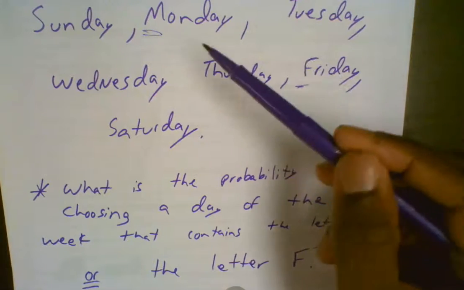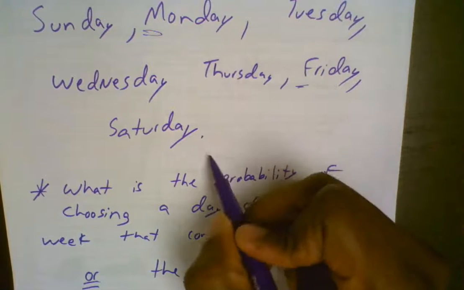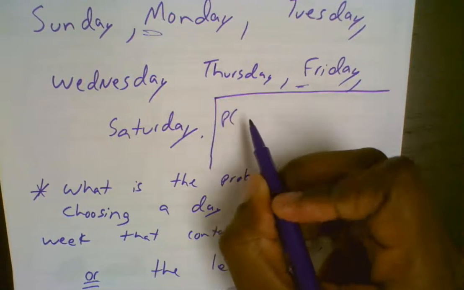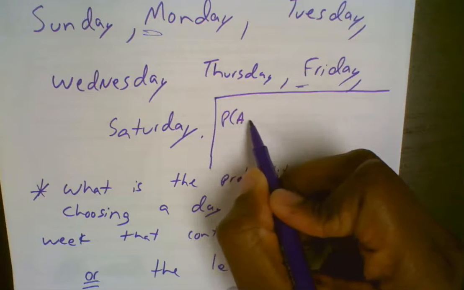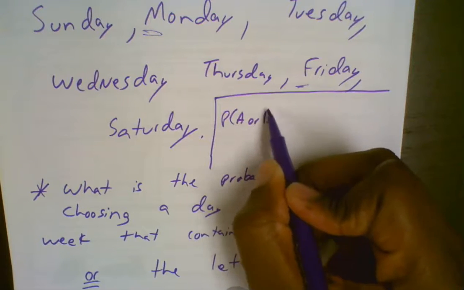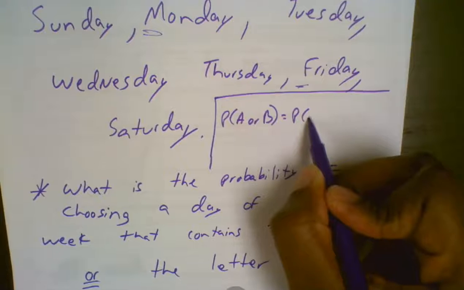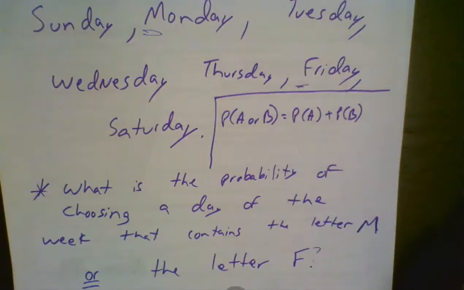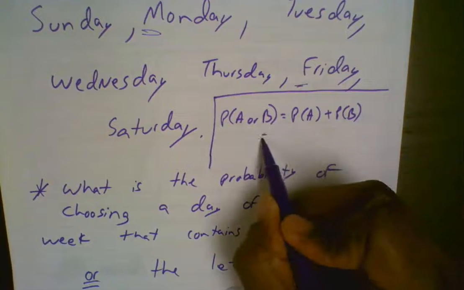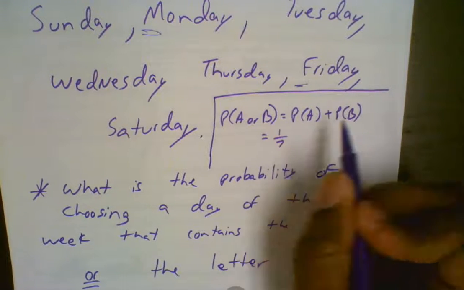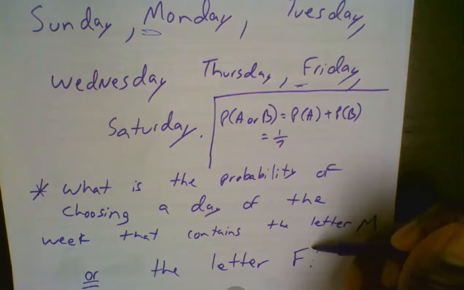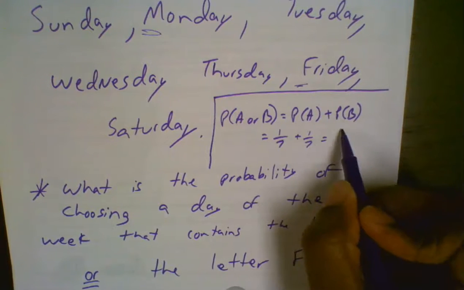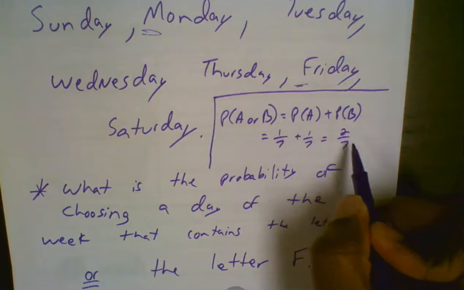There are 7 days of the week and only one has a letter M. So the probability of event A or event B happening is the probability of event A plus the probability of event B. The probability of event A is 1 out of 7. The probability of event B, that it has a letter F in it, is also 1 out of 7. So together, 1 out of 7 plus 1 out of 7 is 2 out of 7.